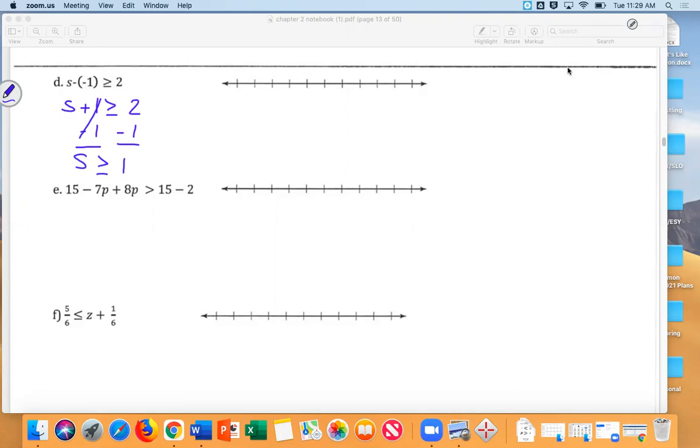And here's what I do, Ava, because I know you work very similarly to the way Mrs. Simonian does. I like to put this number in the middle, where you can put 0 in the middle, and I just go 1, 2, 3, 4, 0, -1, -2. See what I'm saying? And then it's going to be a closed circle at the 1. I'm eating the S, so I'm shading to the right.